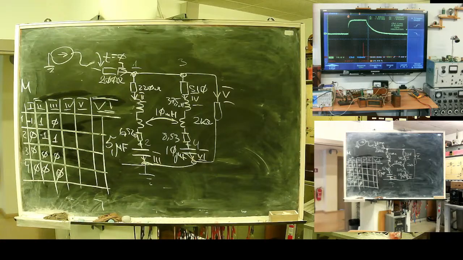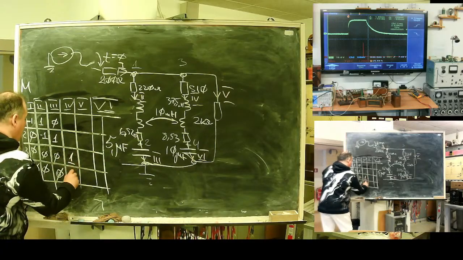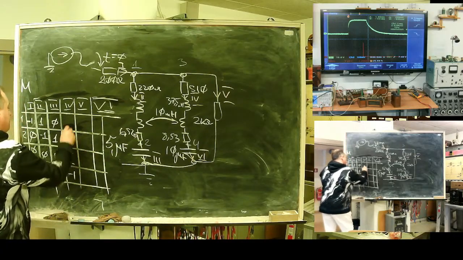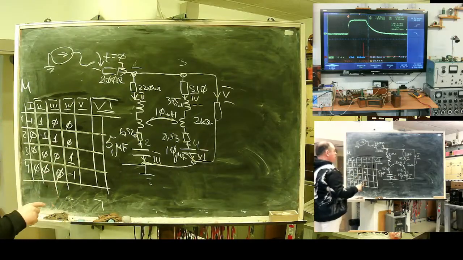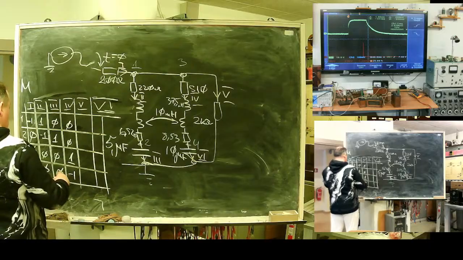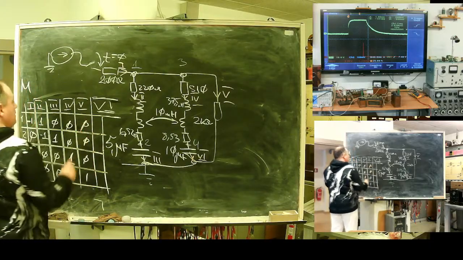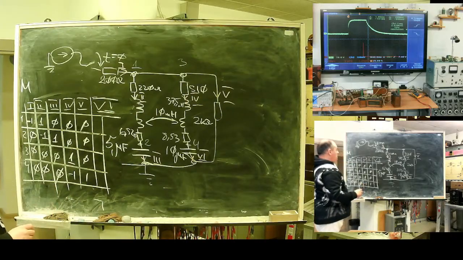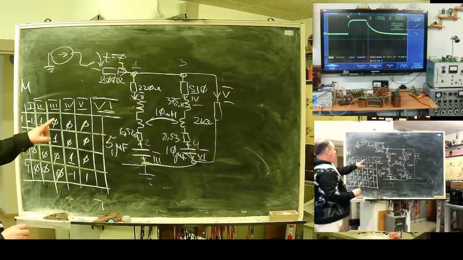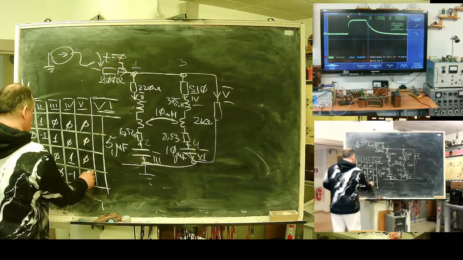Next, branch 4, from 3 to 4. Branch 5, from 4 to base node. And wait, branch 5 from 3 to base node.